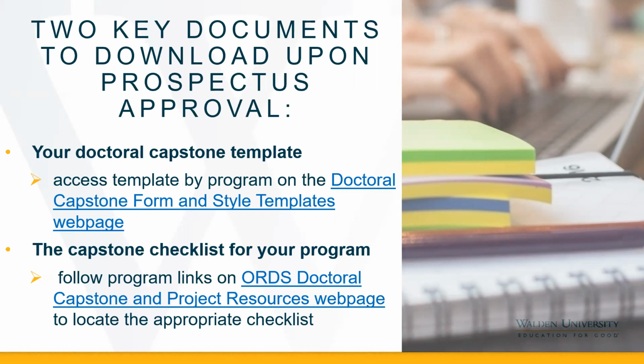The two tools that I see as really instrumental are your Doctoral Capstone template. And I'll be talking about some of the mechanics of using the template more in the next session that starts at the top of the next hour. In this, I'll be talking about it a little more generally, although I will be showing you the template document. So your program's Doctoral Capstone template is the first one, and then the Capstone Checklist for your program.